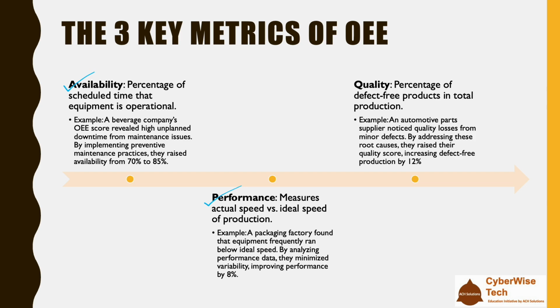A packaging company improved this by reducing speed variability, increasing their output by 8%. And finally, quality, which tracks defect-free production. An automotive part supplier identified and reduced defects, raising their quality scores and increasing efficiency by 12%. These metrics combined give us a clear picture of a factory's performance.